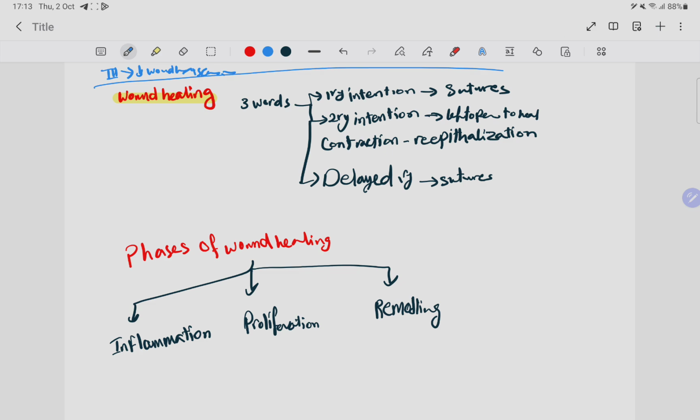Let's talk about epithelial repair. In this process, epithelial continuity is re-established across the wound, and it consists of the following 4 phases. The first one is mobilization.